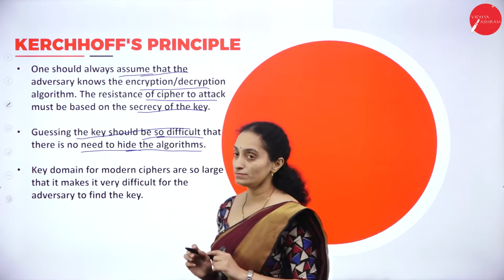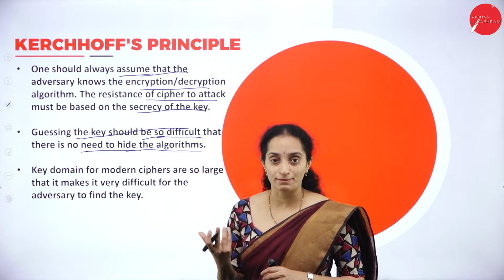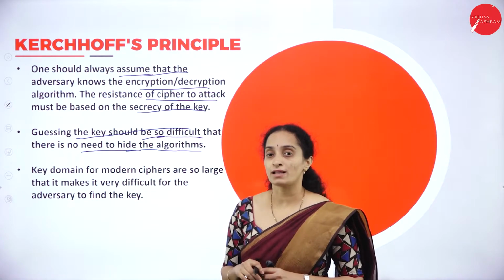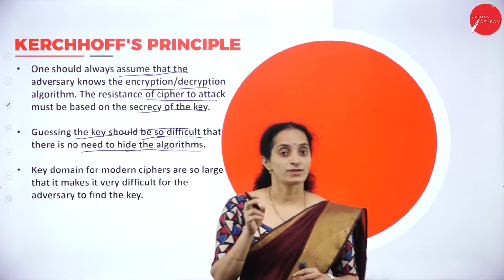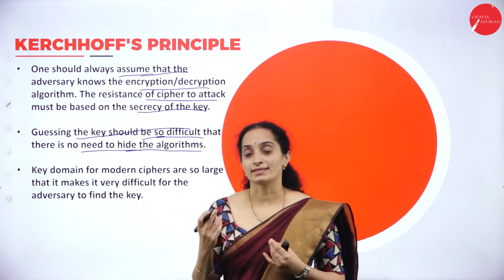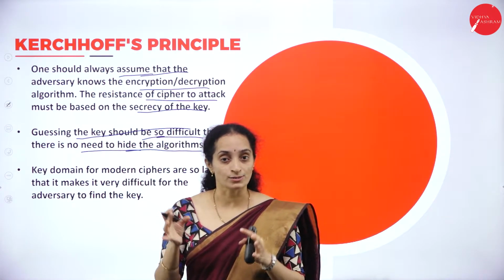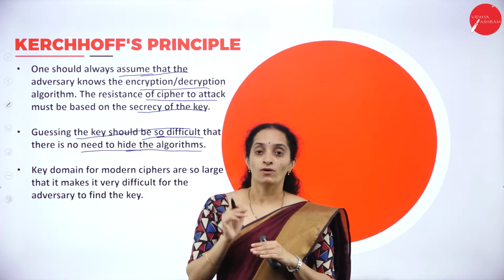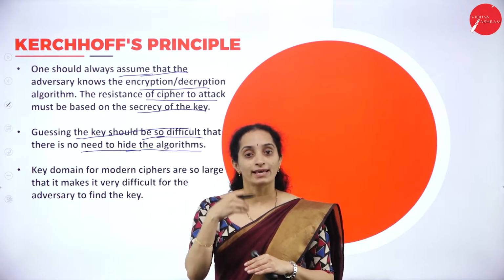For example, if you take the password of an email, if you give only characters or only numbers, the page will suggest that the password strength is very weak. You include characters, symbols, numbers, everything, to make it jumbled so that it will be difficult to analyze the password. What does the attacker do to get into an account? He'll guess the password.